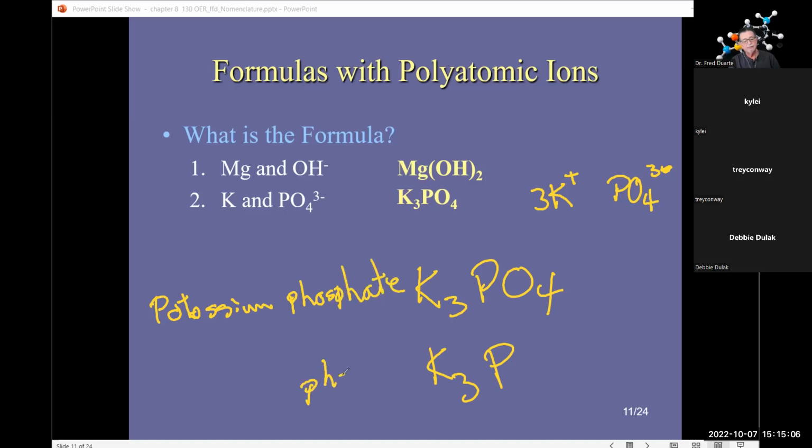This is potassium phosphide, IDE, a single element. Normally, if you see potassium by itself, automatically IDE. If right next to it, immediately following, you see oxygen, it's going to be either ate or ite, the number of oxygens can vary, but then think polyatomic ion if there are oxygens immediately following that atom.